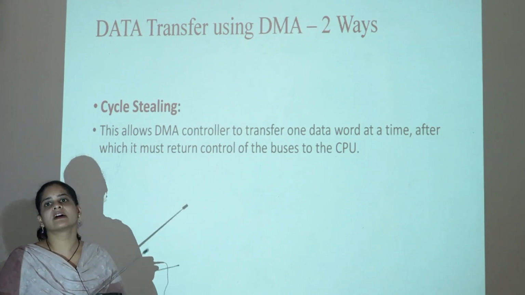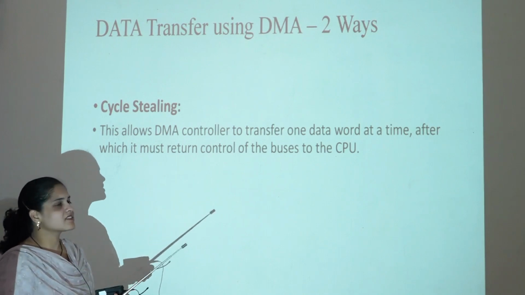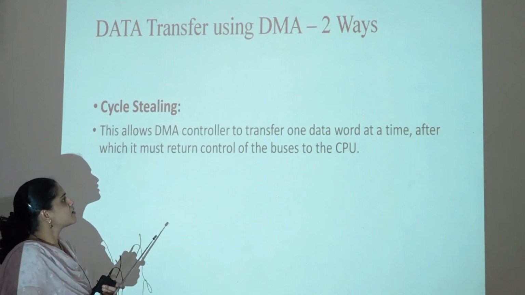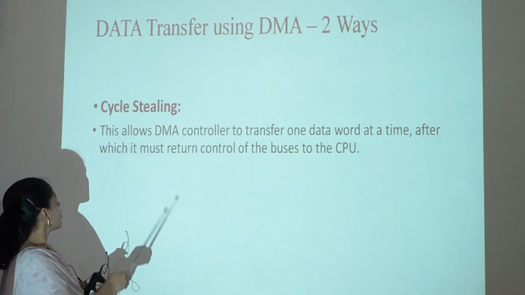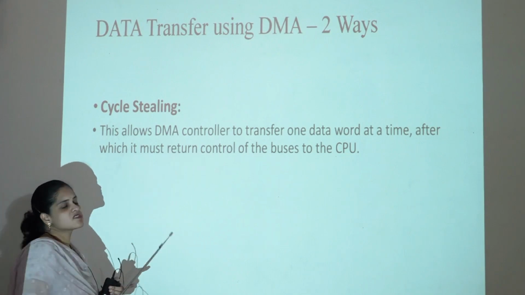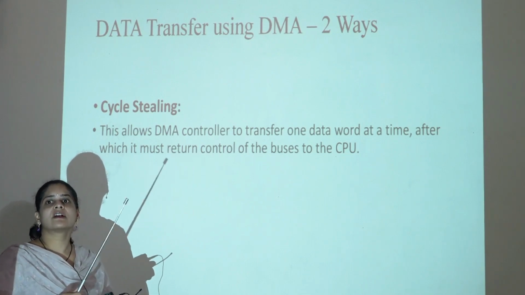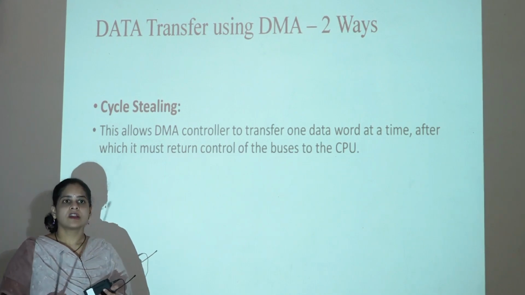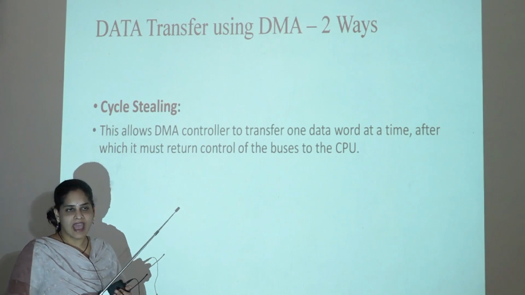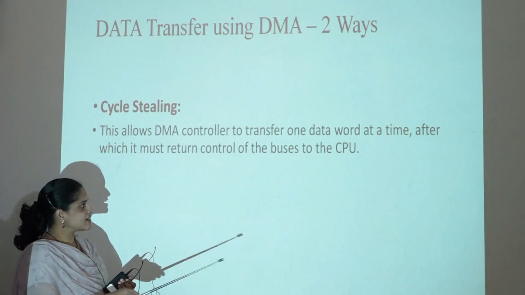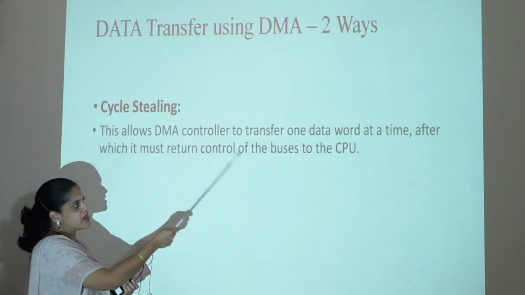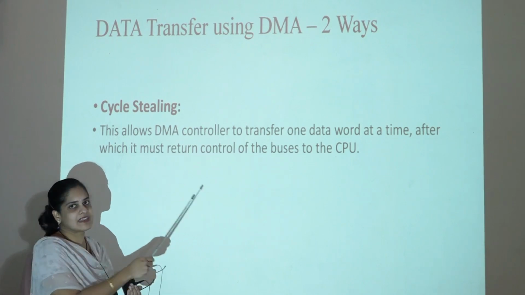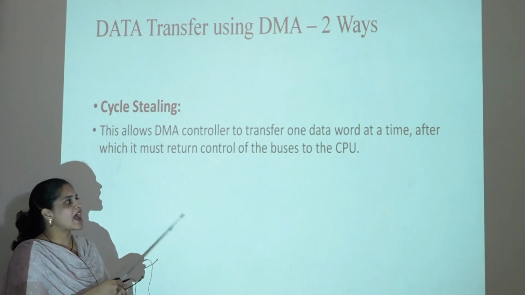So for each and every word transferred, we require access to the bus. This allows a DMA controller to transfer one data word at a time, after which it must return control of the bus to the CPU. Once we send one word to the memory, we give control of the bus back to the CPU, and then for the next word we again request access to the bus.